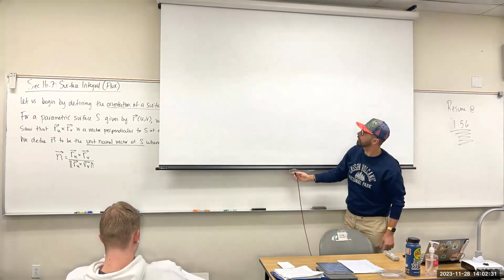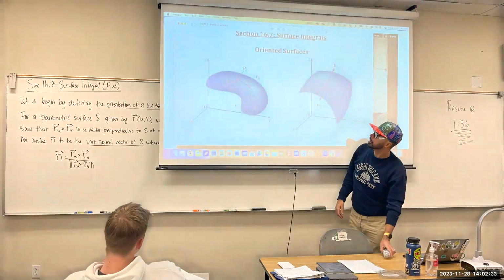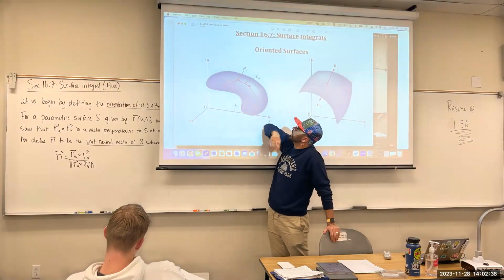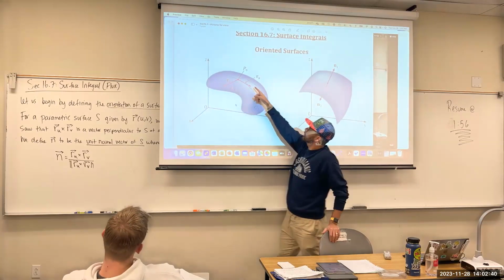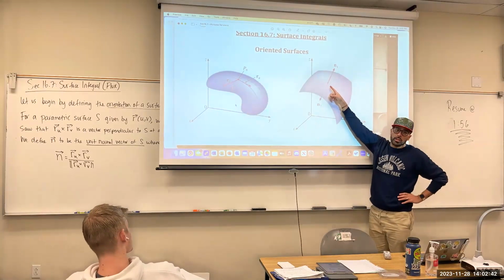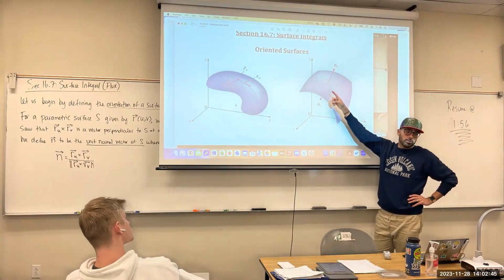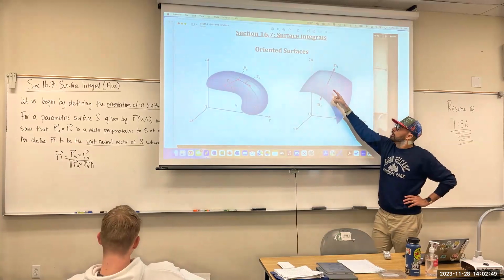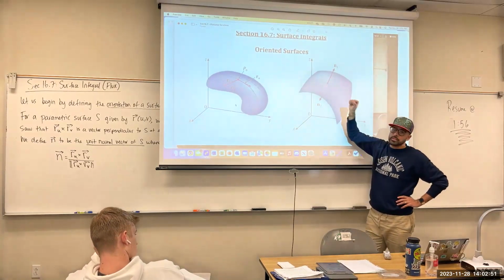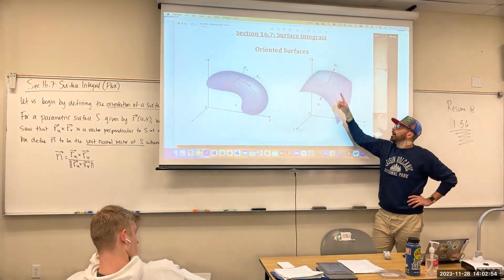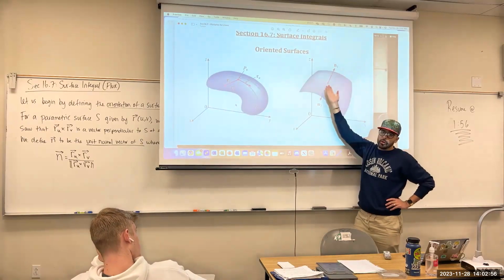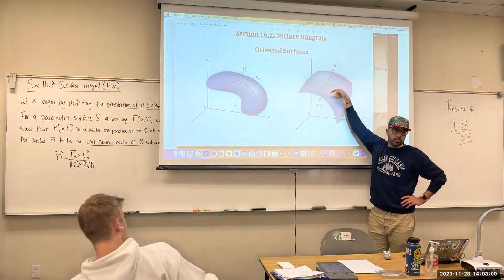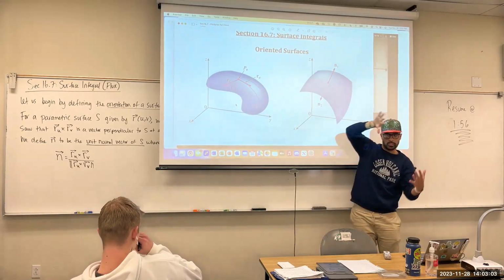You have your surface, you take the partials, you take the cross product, and then you get a unit normal vector that's perpendicular to the surface. The direction that N is pointing can differ. N can point upwards, away from the surface this way, or it could also point downwards towards the xy plane, or however the surface is oriented.